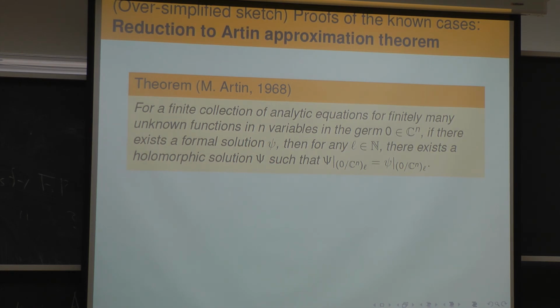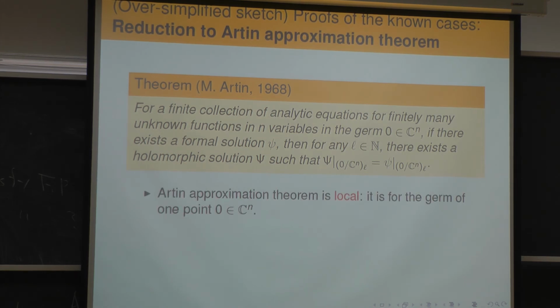That is the result. The problem is that this is a local result. It works only for the germ at one point. The problem we are interested in is the germ of a positive dimensional neighborhood. So that is the problem: you cannot generalize this to a neighborhood of a positive dimensional submanifold.